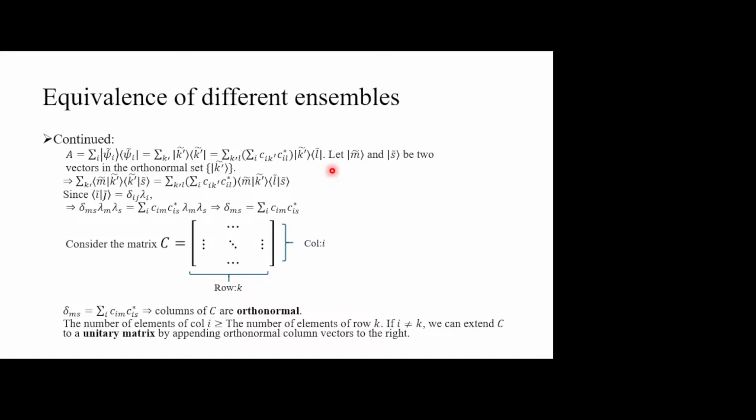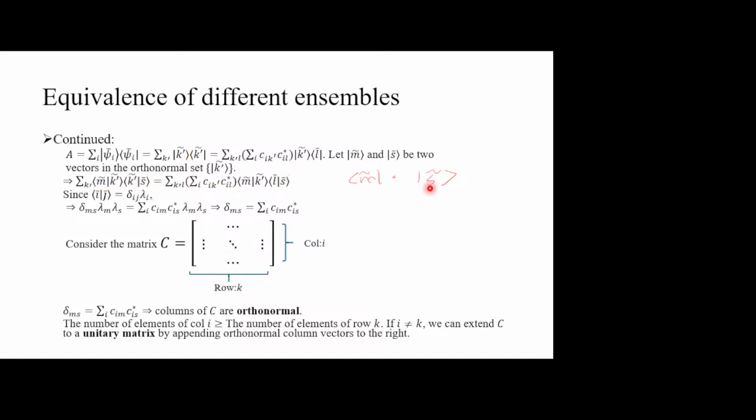Now the next step. This equation should show you that these c form an orthonormal basis from a unitary matrix, and we use this by sandwiching this expression with some m tilde and s tilde. We sandwich both of these equations. So on this side we have summation over k, tilde this thing, and tilde this thing, and s tilde.